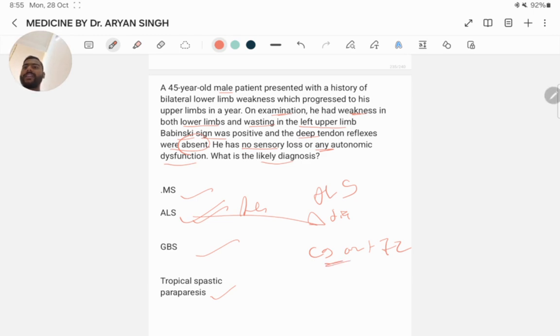Other mutations involve the cytosolic enzyme SOD1, superoxide dismutase, the RNA binding protein TDP-43 encoded by the TAR DNA binding protein gene, and fused in sarcoma, also known as translocated in liposarcoma, FUS or TLS.